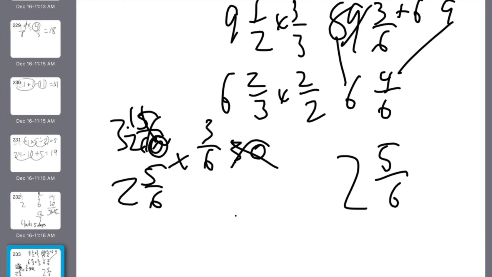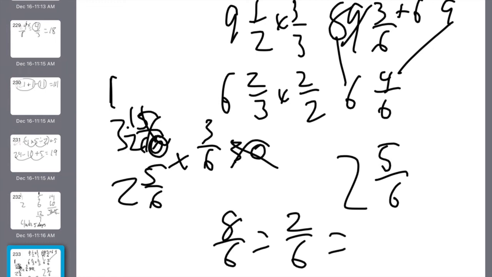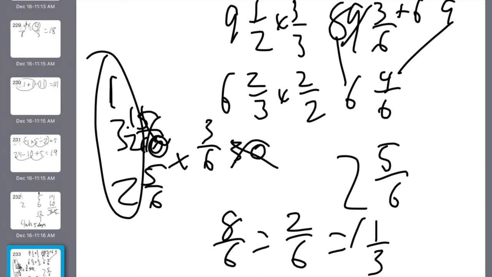This is 3/6 plus 2/6 equals 8/6. 8/6 simplifies to 1 2/6. 2/6 reduces to 1/3. Whole numbers add together gives me 6 1/3. So instead of going up to the 30 here, guys, I just reduced that one so I didn't have such big numbers to work with. Okay?